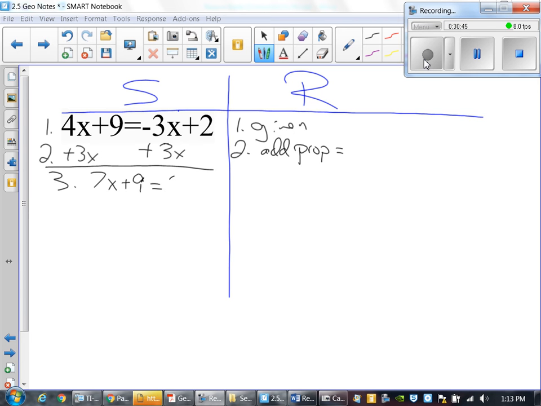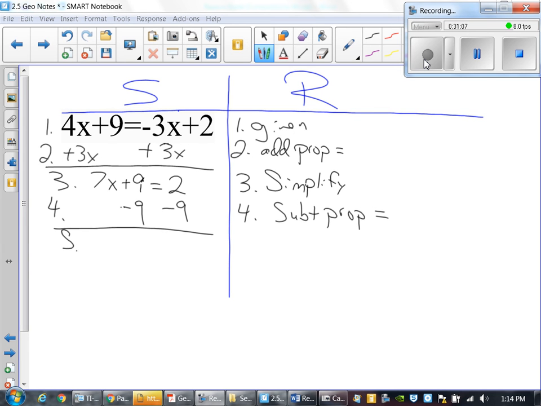Good. Now what'd you do? Subtract the 9. Subtract prop equals. Good, good. Now what? Another simplify.